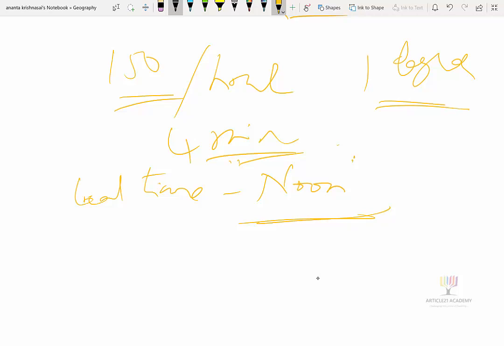And we also know that there are certain other regions which will not have perfect noon in terms of having the solar radiation completely overhead during this noon period, and because of this local time is not a feasible phenomenon to calculate in order to know time at each and every location of the surface of the earth.